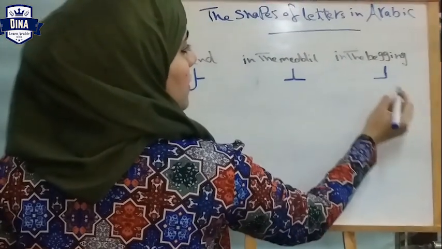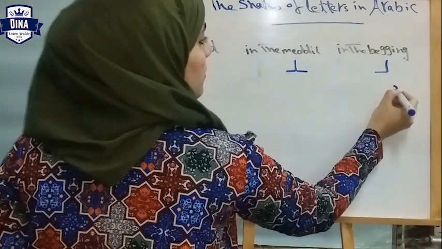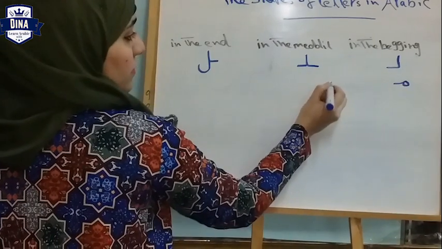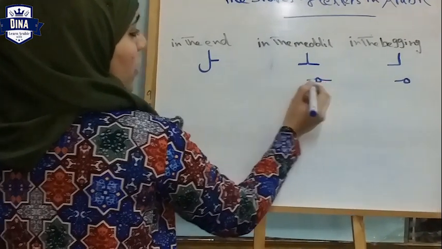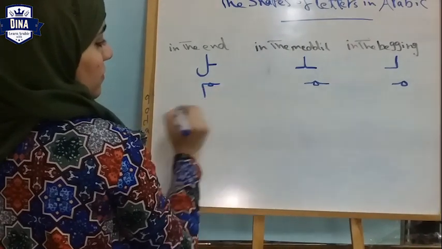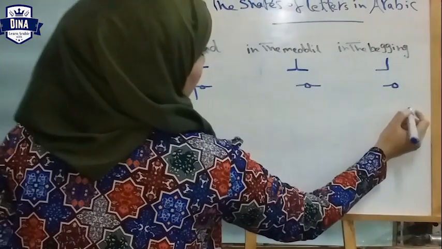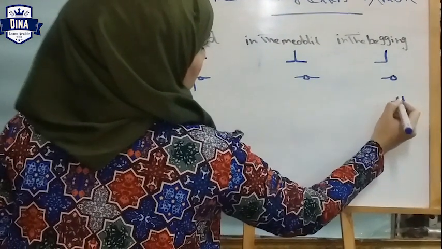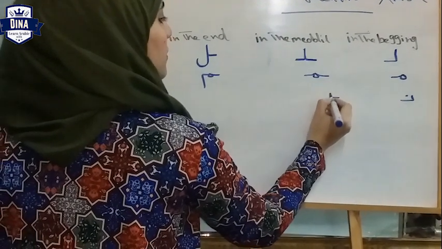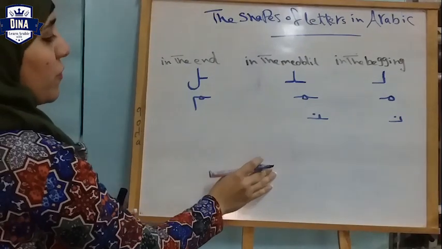Meem. When meem is coming in the beginning of word. When it's coming in the middle. Coming in the end. Noon when it's coming in the beginning of word. When it's coming in the middle of word. When noon is coming in the end of word.